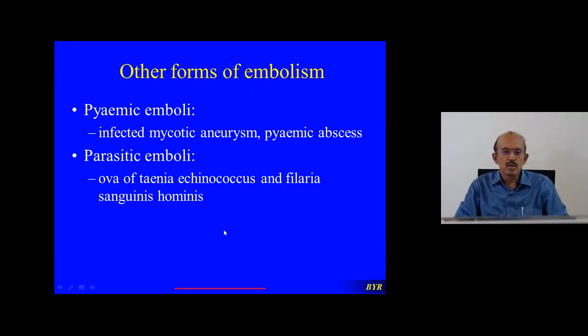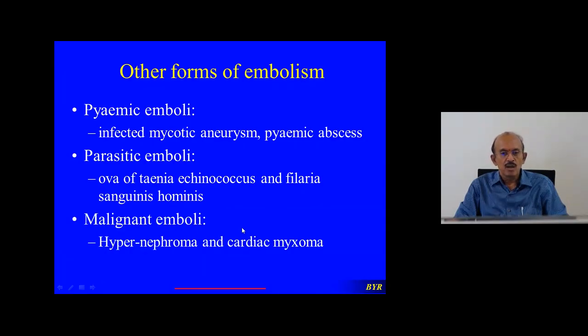Then parasitic emboli: ova of Taenia, Echinococcus and Filaria sanguinis hominis can form emboli in the bloodstream. Malignant emboli, already we have seen in carcinoma of the kidney as well as cardiac myxoma, there will be formation of these tumor emboli.